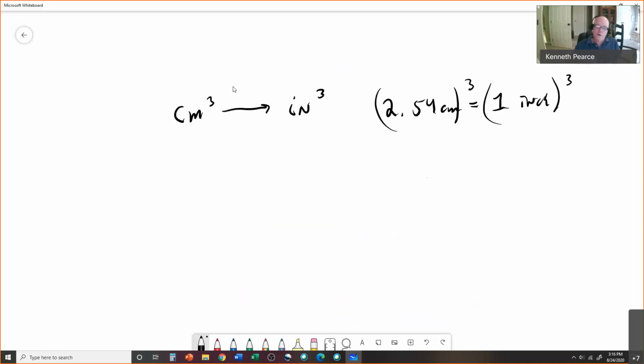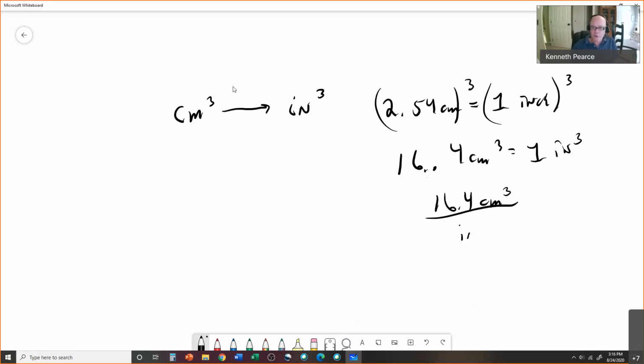If you cube everything up on the outside, the centimeters become centimeters cubed, and so you go 2.54 to the third. And so now I can produce a conversion factor of 16.4 cubic centimeters equals 1 inch cubed, and now I have a conversion. So sometimes you have to take the basic conversion, which is 2.54 centimeters equals 1 inch, and you might have to do a little bit of extra work to get it into the proper form. And now we can go directly.